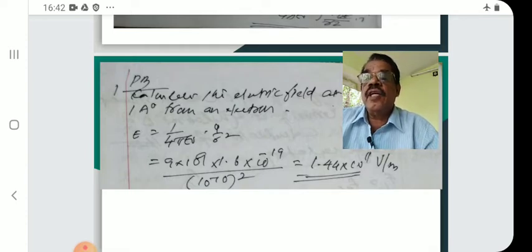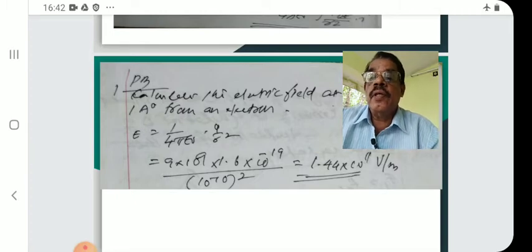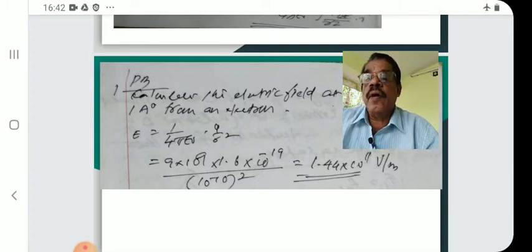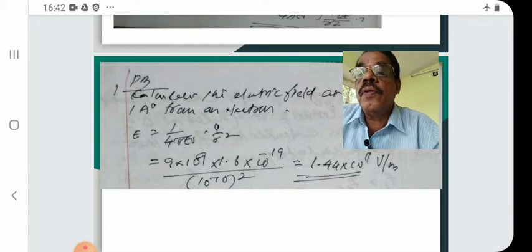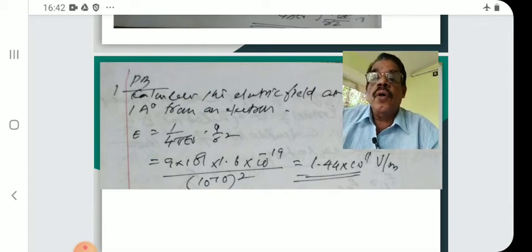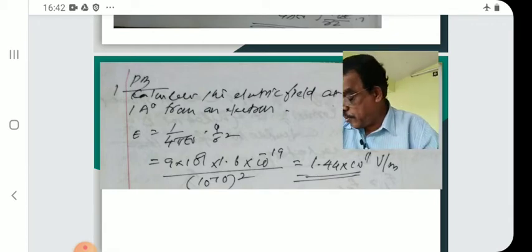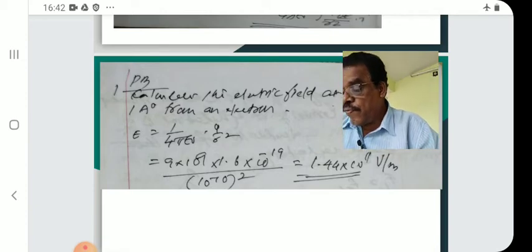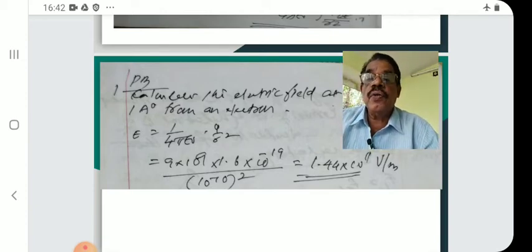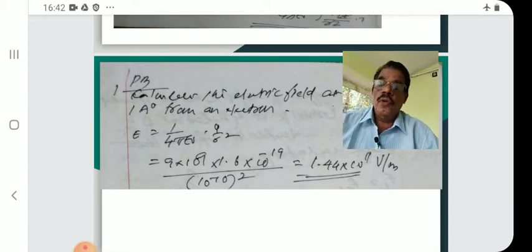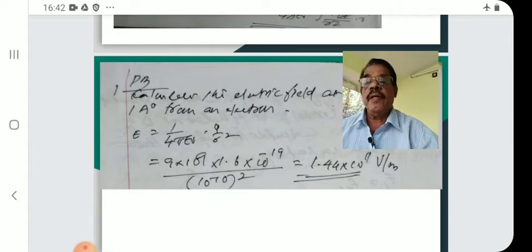The distance r is given as 1 angstrom that we converted into meter. Therefore, E is equal to 9 into 10 raised to 9 into 1.6 into 10 raised to minus 19 all by 10 raised to minus 10 the square. On simplification, we get 1.44 into 10 raised to 8 volt per meter. Volt per meter is a unit of electric field.